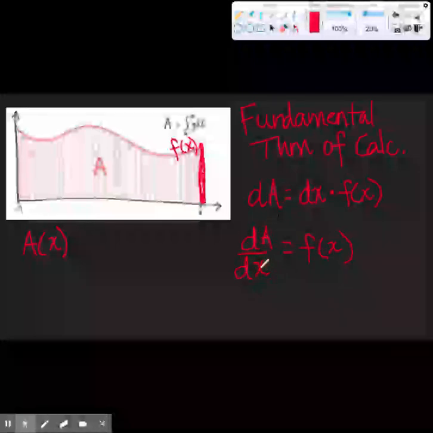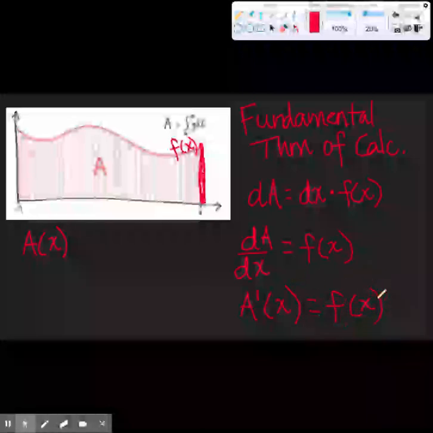Well, change in area over change in x is just how the area function is changing with respect to x, the derivative of the area function. So the derivative of the area function is equal to the function we're trying to find the area under. So remember, f of x is the function that's graphed right here, and A of x is the function that finds us the area. So the derivative of the function that finds us the area is the function itself.